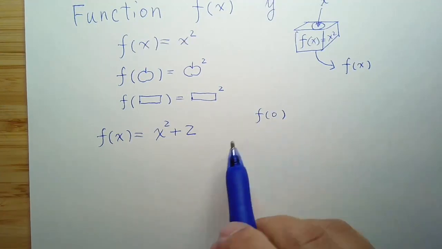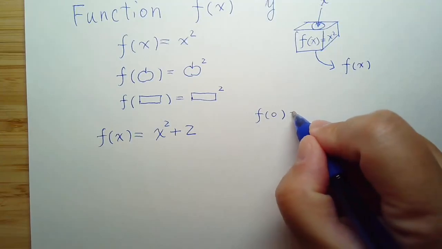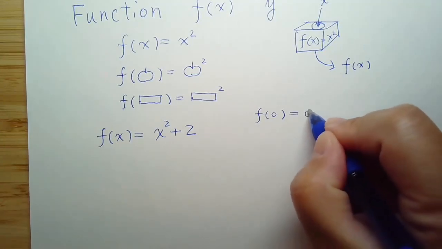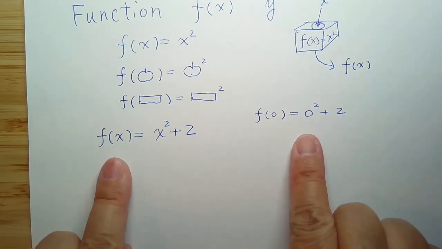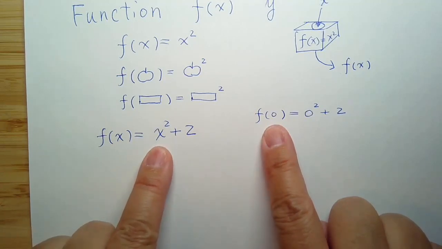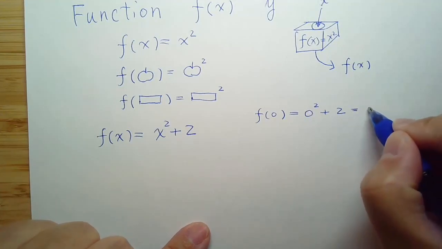So f of 0, you just substitute this x with 0. So f of 0 will be 0 squared, then plus 2. If you compare these two, you see what I mean, right? You substitute this x with a 0. And 0 squared is 0, plus 2, you get 2.